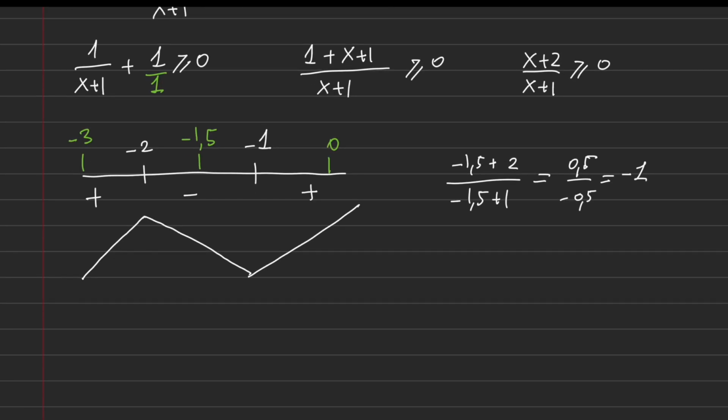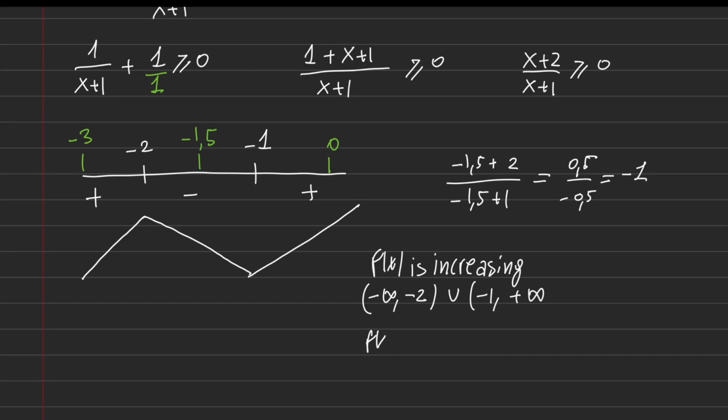Therefore, we can conclude that f of x is increasing between minus infinity and minus 2, union minus 1 and plus infinity, and f of x is decreasing between minus 2 and minus 1.